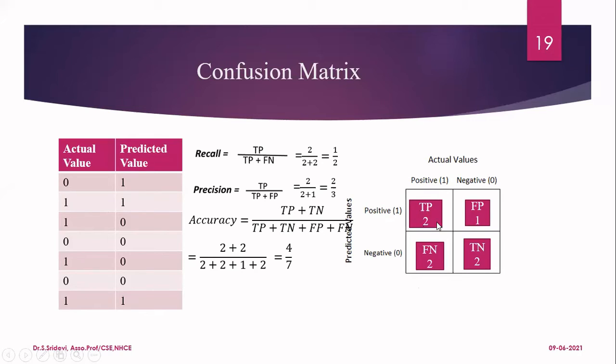Therefore, I will write true positive as 2. Now, actual value is negative, that is 0, and predicted value is positive, 1. Because the first column is the actual value, search for 0, 1. Here this is 0, 1. Where else do I have 0, 1? Nothing. So I have 0, 1 in only one row. So false positive is 1.